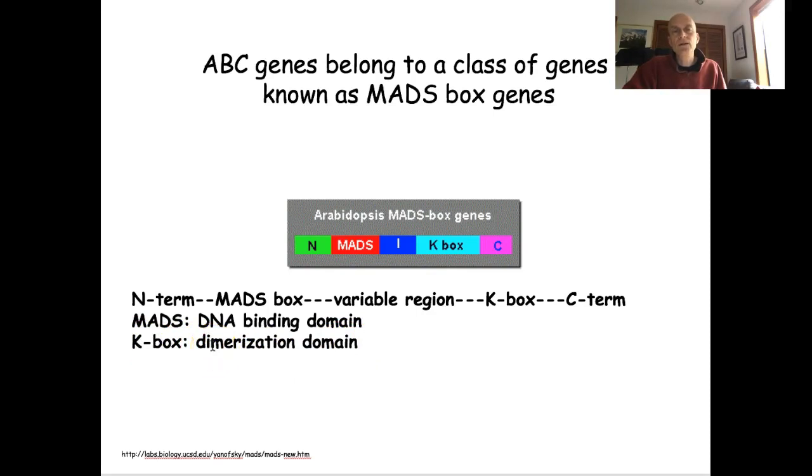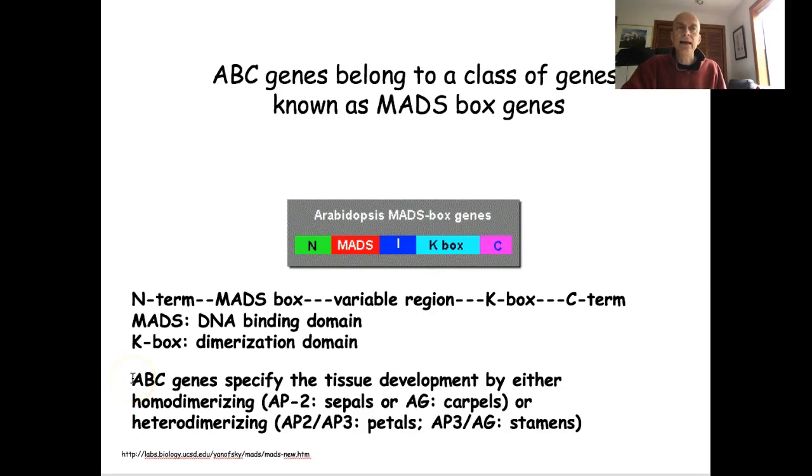Again, that domain has been found often in proteins at the area where they bind to another protein. So this is a protein-protein interaction, while the MADS box is a protein-DNA interaction. Transcription factors bind to DNA, and dimerization is one protein binding to another protein. So with that, people already had a pretty good idea of what these proteins might be doing molecularly in the plant as they specify in the developing flower which organs were going to be produced.